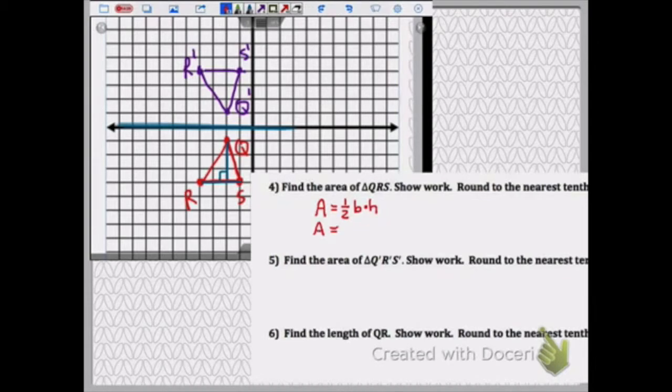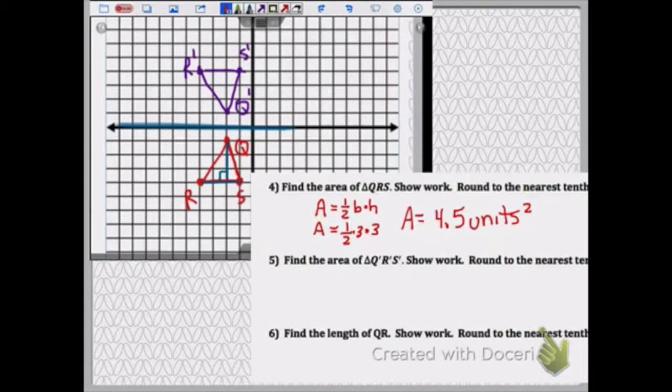So the area is equal to 1/2 3 times 3. And so what is the area of this triangle? Hopefully you got an area of 4.5 units squared.